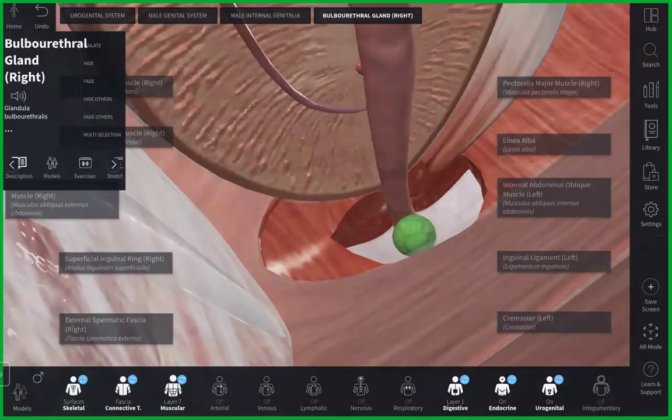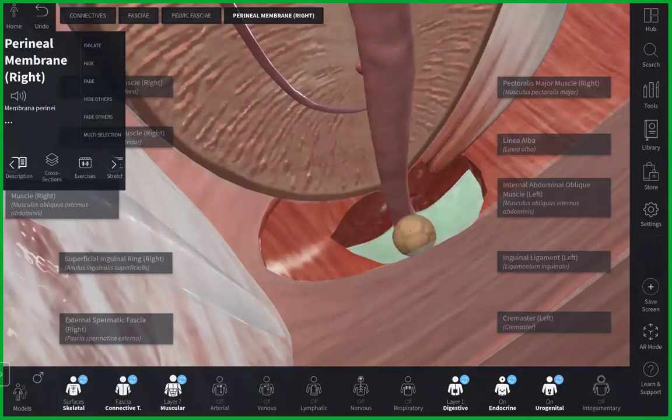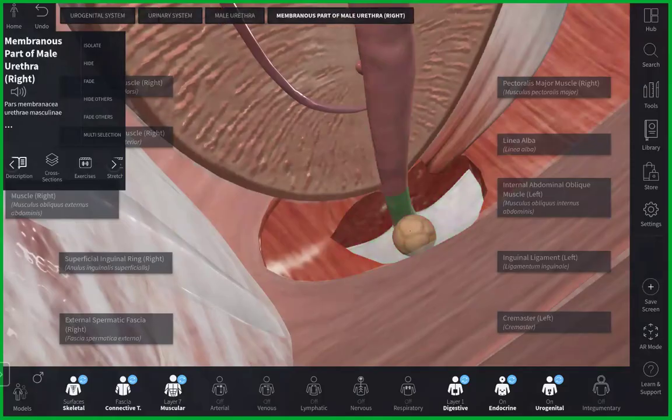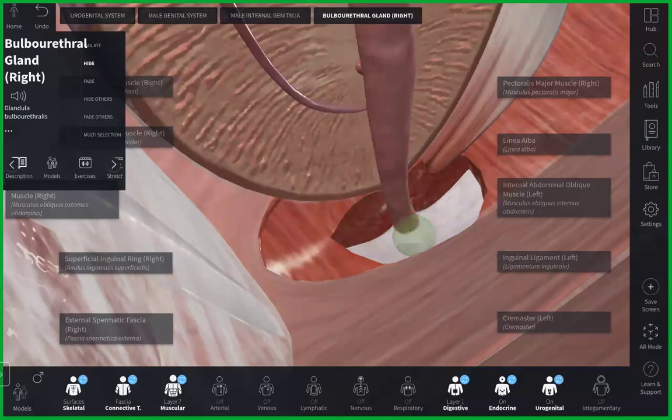Then we have the bulbourethral gland that's opening outside the perineal membrane. Okay. So here we have the perineal membrane and we have the membranous urethra. Yes. So here we have the bulbourethral gland. We hide it and we hide the membrane too.